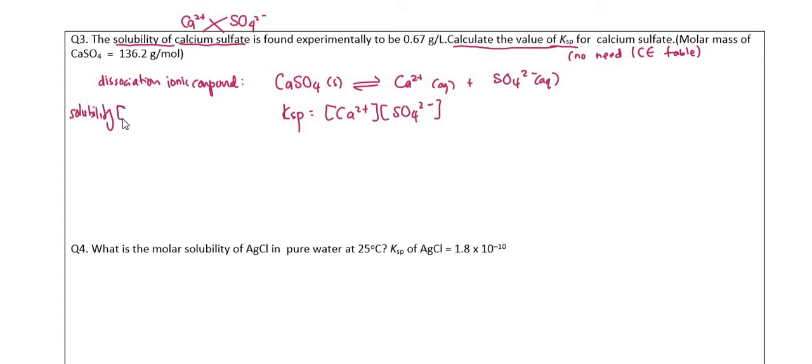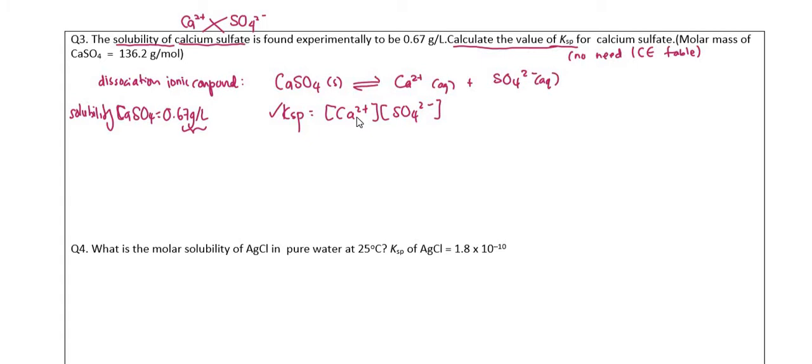Calcium sulfate is 0.67 gram per liter. Based on this unit, this is not molar solubility or concentration, right? So if you want to insert the value into this Ksp expression, you must use the molar solubility.